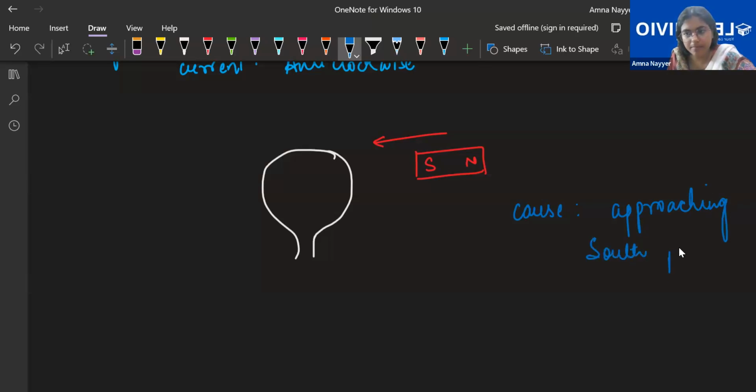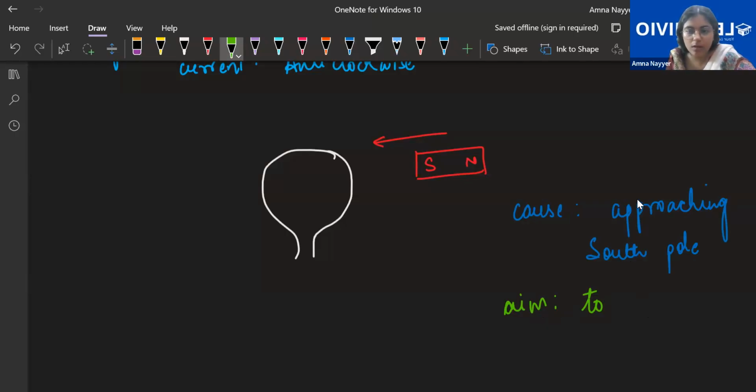So what will the aim of the induced current be? To have a south polarity. What will it try to do?